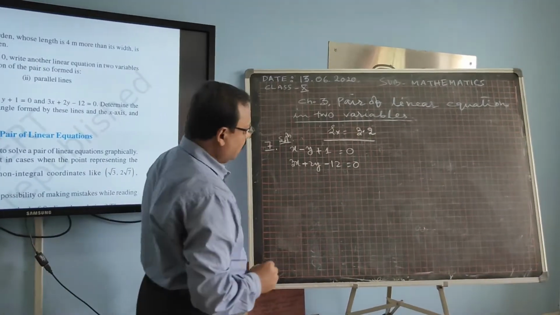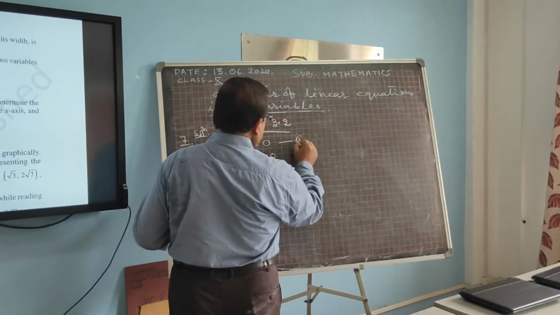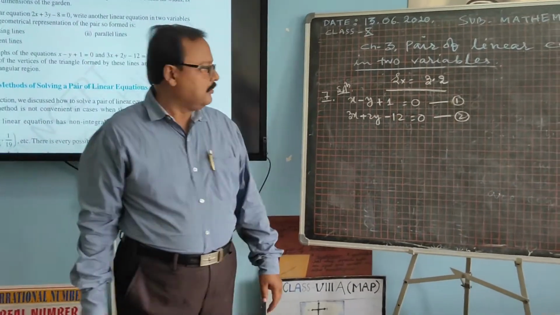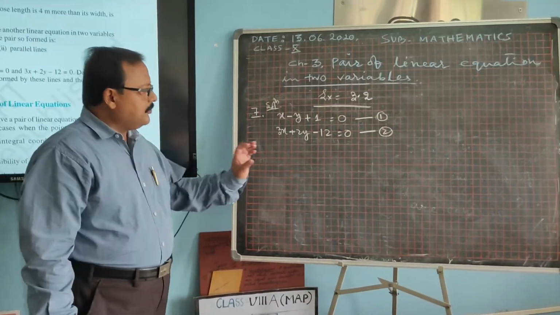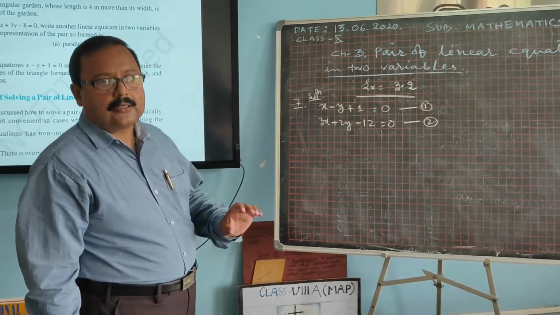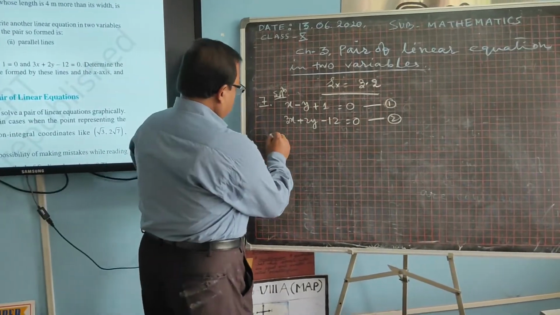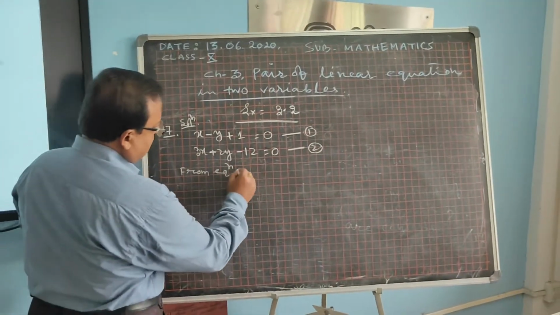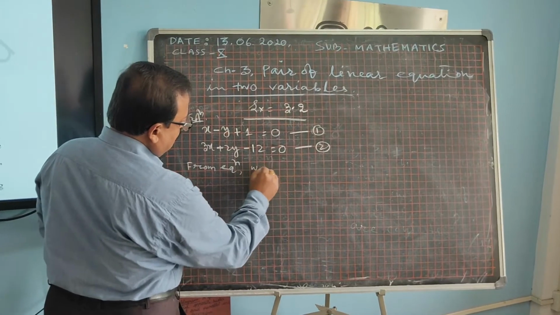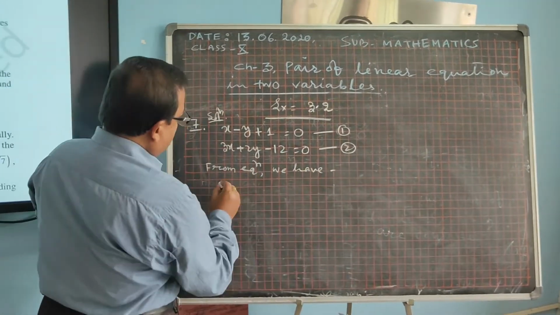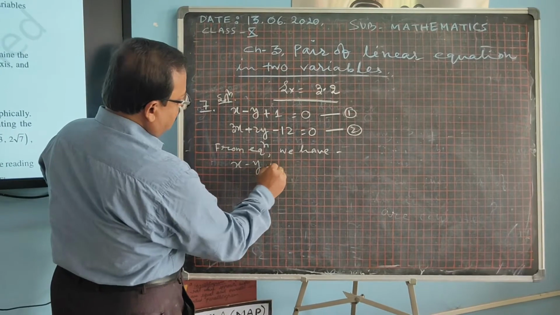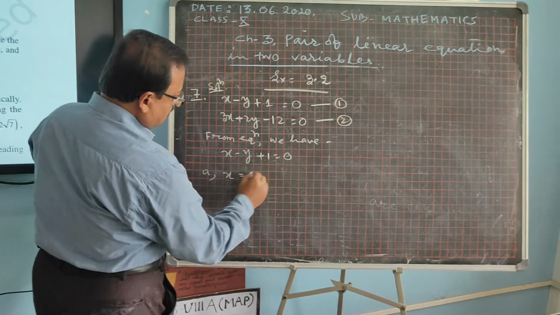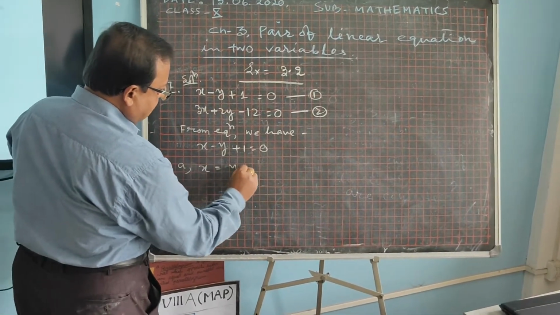These are the two linear equations given, and you solve them graphically. From equation 1, we have x minus y plus 1 equals 0, or x equals y minus 1.